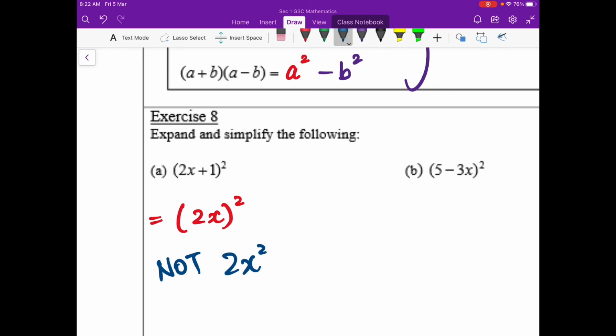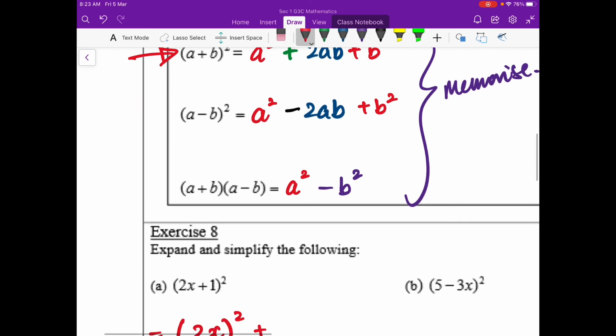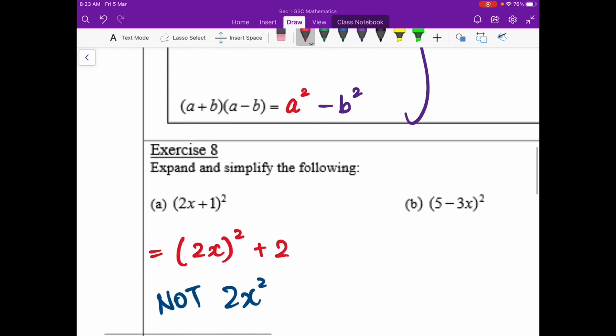Okay, with the bracket, the square belongs to the 2 as well. So when I expand, this becomes 4x squared. It is not just 2x squared. Okay, don't make this mistake. The next term we have is plus, okay, go back, 2AB. 2 times the first term multiplied by the second term. So write down the 2 times the first term. Copy down the first term. The first term is 2x.